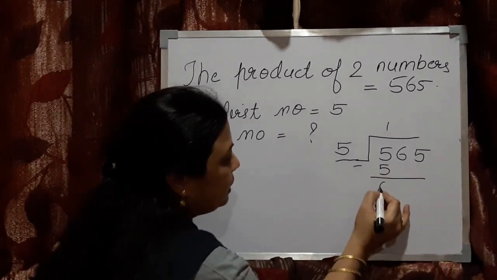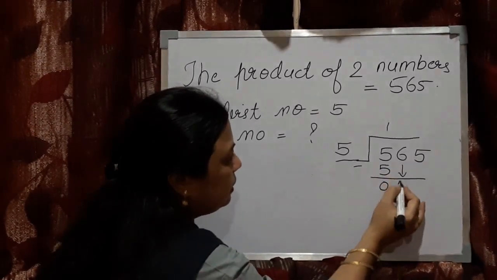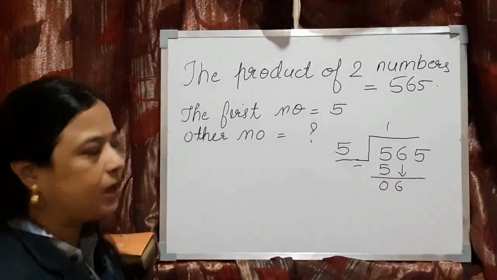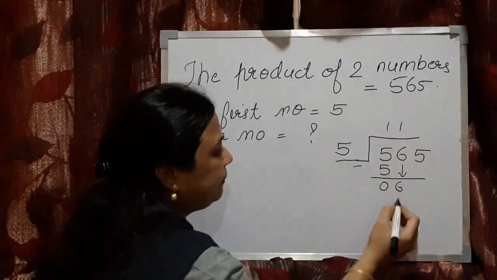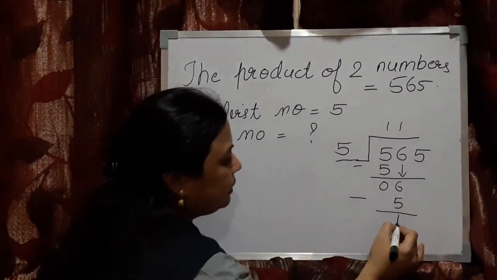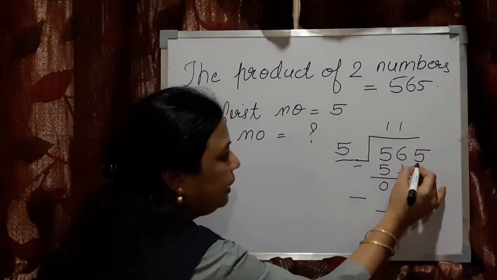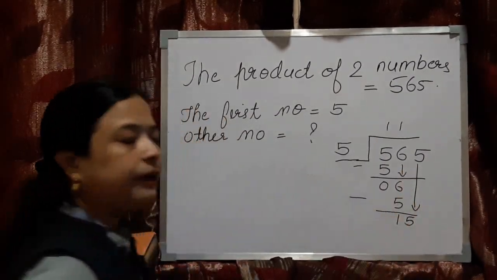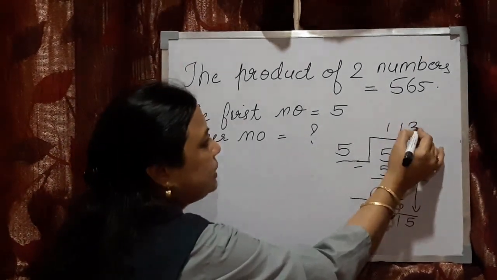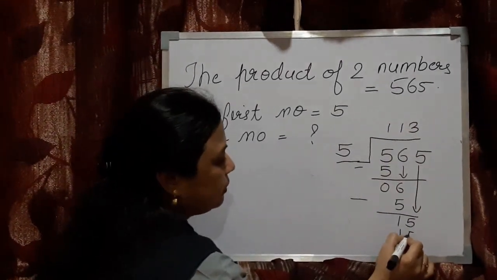We will subtract this, bring down the 6 here. Again 6 is there, so 5 ones are 5, 5 twos are 10, we can't take. So we will take 5 ones are 5. Again we will subtract this and bring down this 5 here. Right, so now our number is 15. So 5 3s is 15.